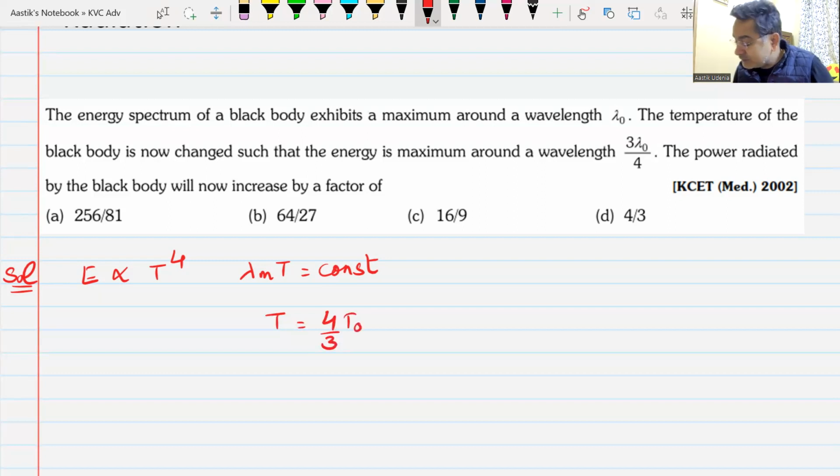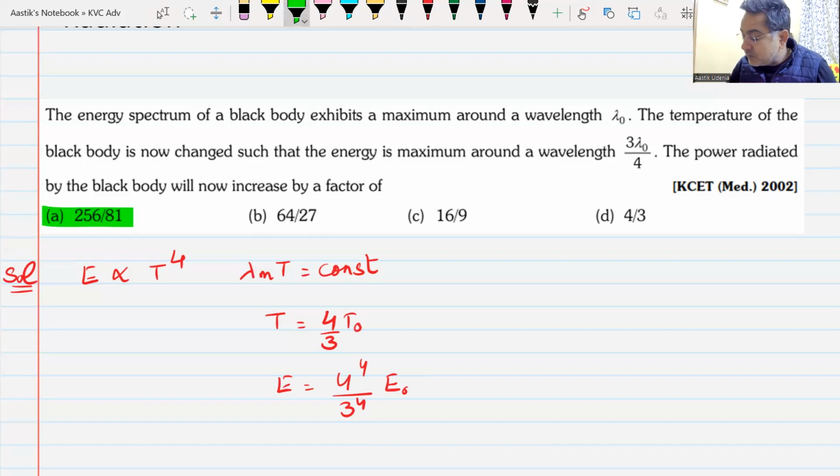Yes or no? So the energy will become 4 raised to the power 4 divided by 3 raised to the power 4 of the original energy. It changes by a power of 4, and therefore the correct answer is option A. Do we understand this? Yes.